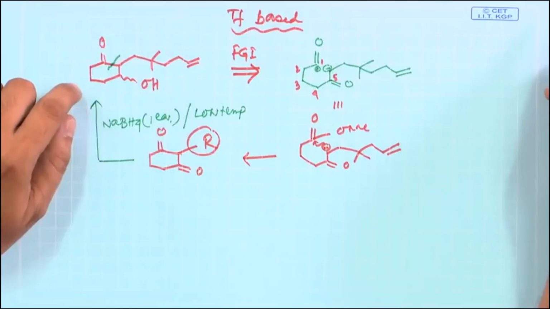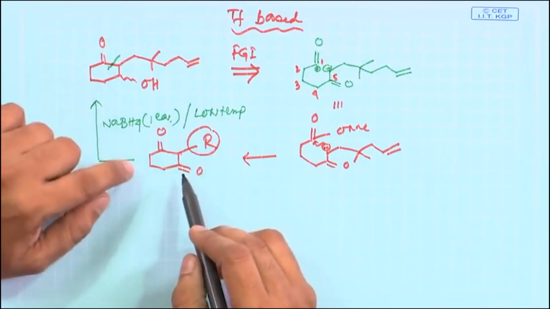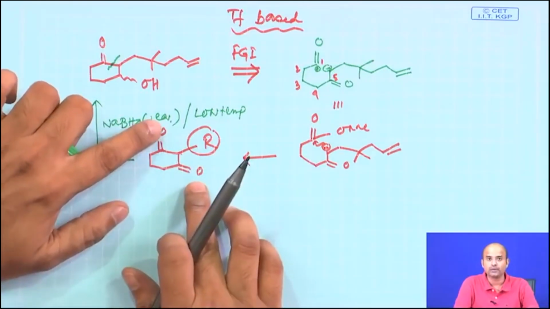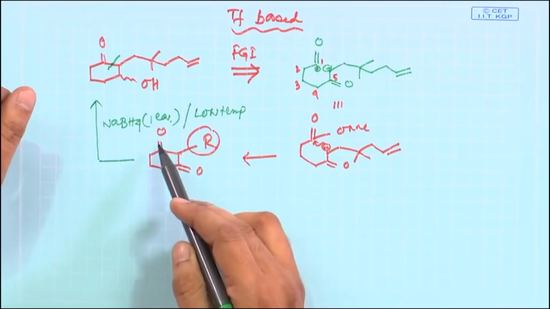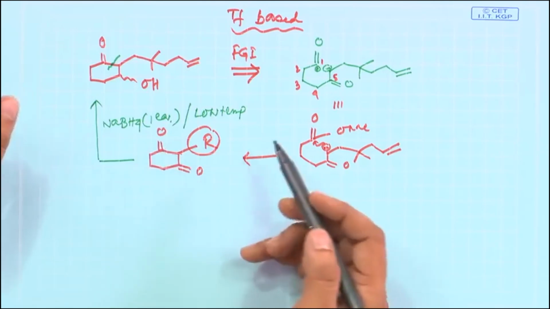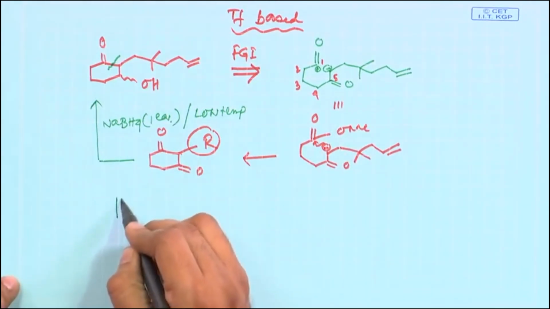It may not be very high yielding because the carbonyl groups are symmetrically substituted and both have similar reactivity. The stoichiometry might play a role, otherwise you can selectively protect one carbonyl group, do the reduction here, and remove the protecting group. That is another issue.